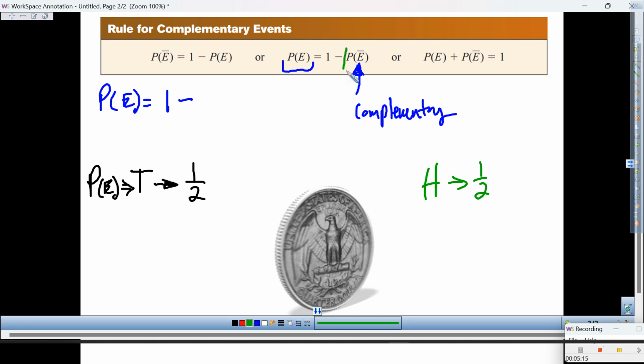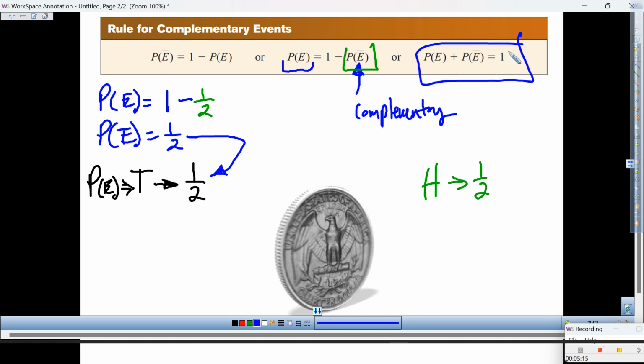So if that is my complementary, let's see. P of E equals 1 minus 1/2, which is still what? 1/2. Is that what we got for our tails? Yes. So basically it's all saying that whatever event you're looking at plus its complementary has to equal what, everyone, at the end?